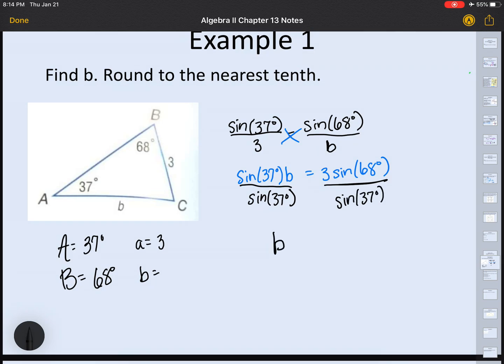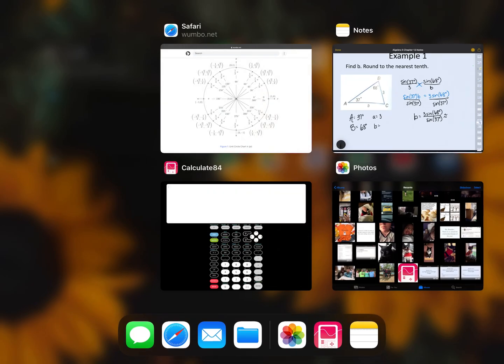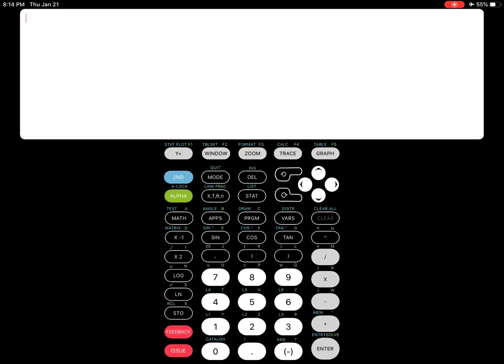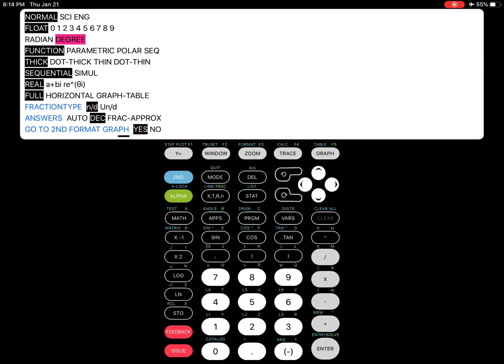Okay, so we got b is equal to 3 sine 68 degrees all over the sine of 37 degrees. And we're going to have to round it to the tenth, so it's going to be about what we get in our calculator. So make sure it's in degree mode.